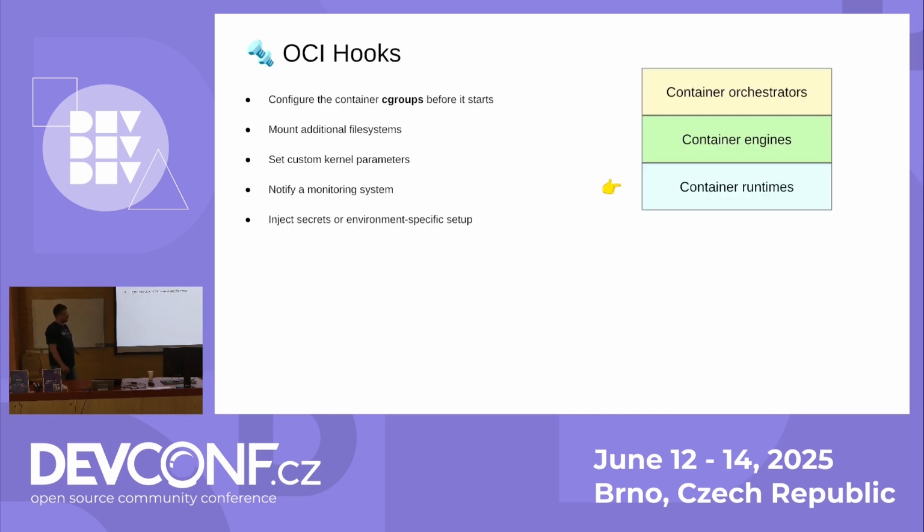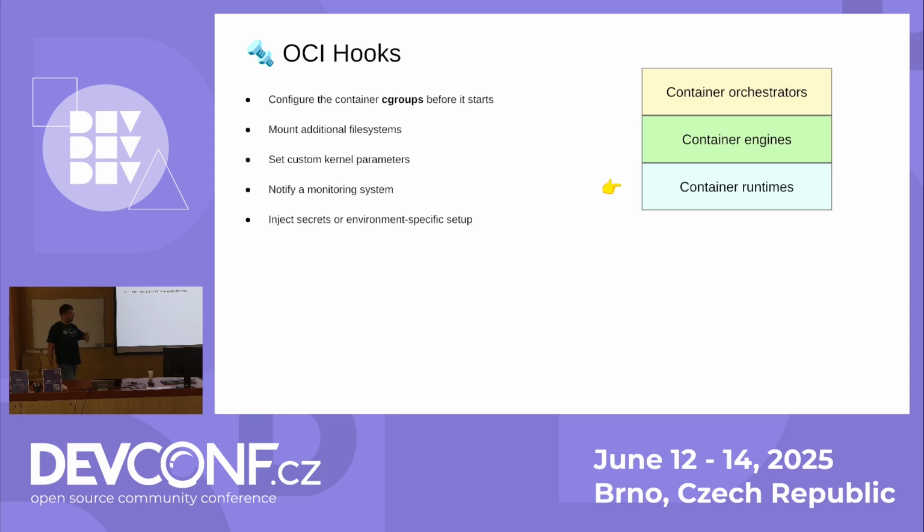And now we reach the OCI hooks. So we are going back down to the container runtimes. OCI hooks are operating on that level, and they basically allow you to customize or prepare resources for your application that cannot be prepared by either the container engine or the container runtime. We can think about a GPU, for example.